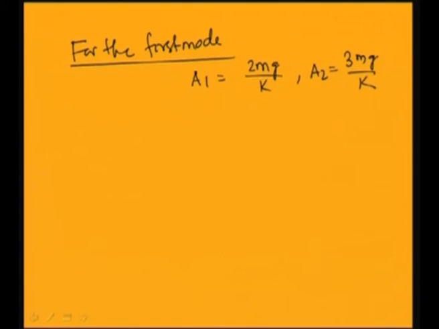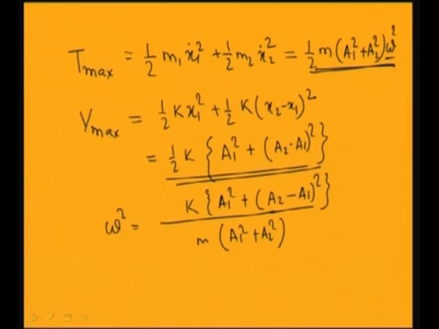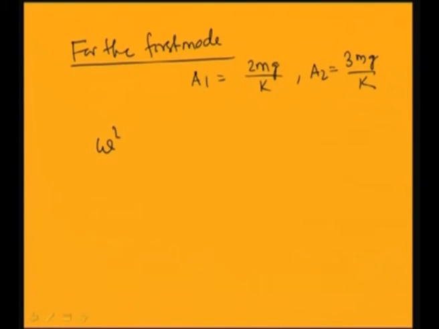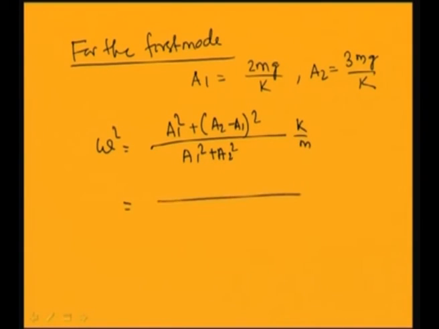So by substituting it in this expression, I have omega square equal to a1 square plus (a2 minus a1) whole square by a1 square plus a2 square into k by m. So for a1 I will put 2 mg by k, so this becomes 4.